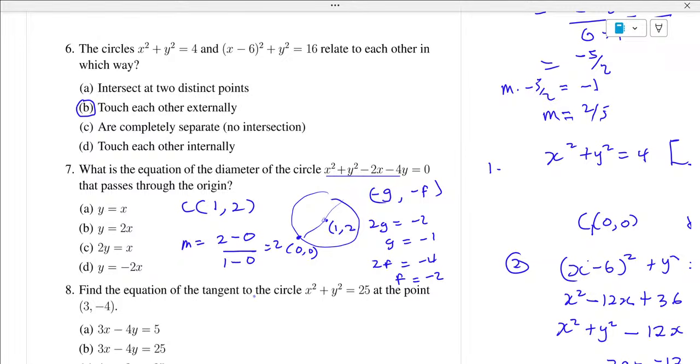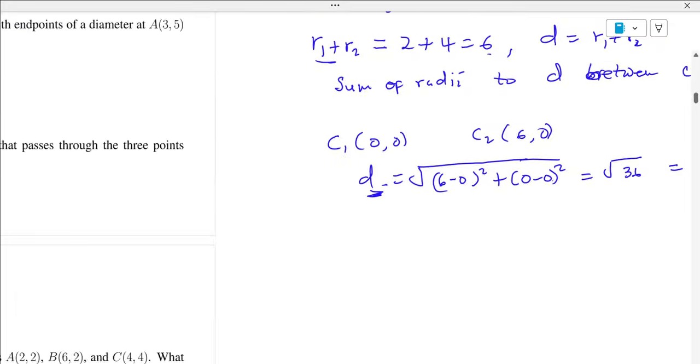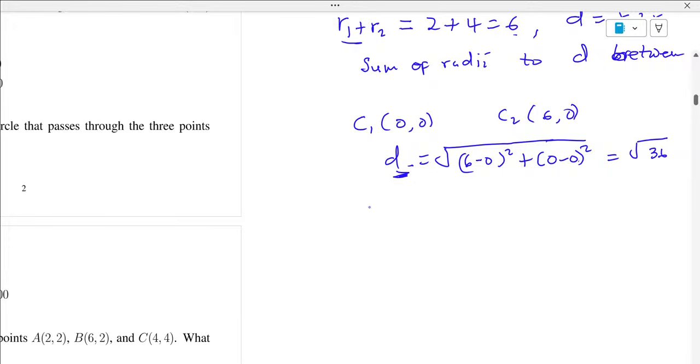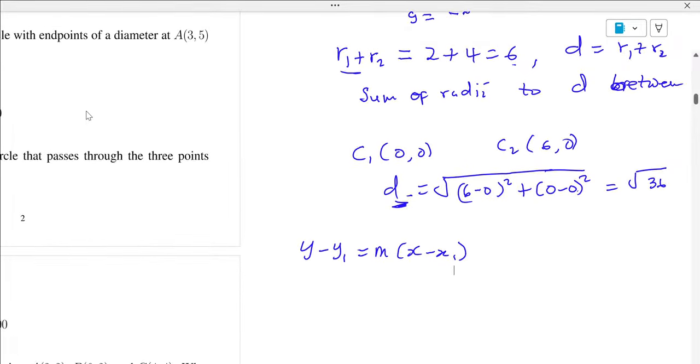We have found the gradient, and we know that the equation of a line is given as y minus y1 equals m times (x minus x1). We just use one of the points, either the center or the origin. So y minus 0 equals 2 times (x minus 0), and that gives y equal to 2x.